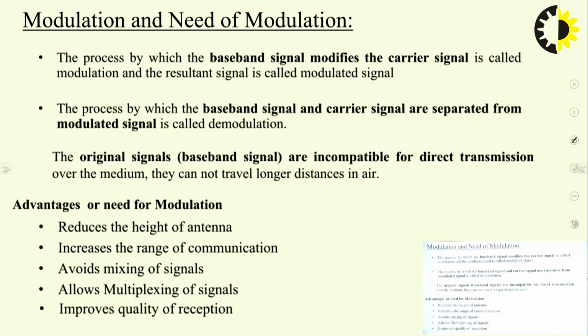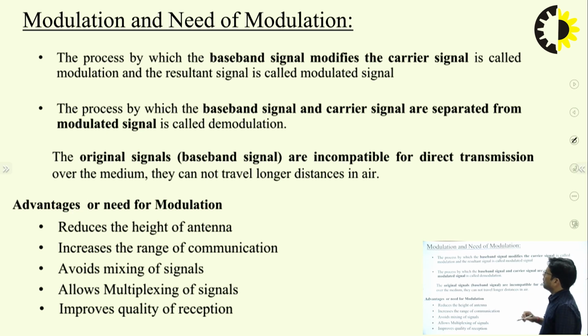As I discussed, modulation is the process that converts baseband signal into the passband signal, low frequency signal into the high frequency signal as well, right? So it converts baseband signal into the passband signal, as I discussed in the previous slide.